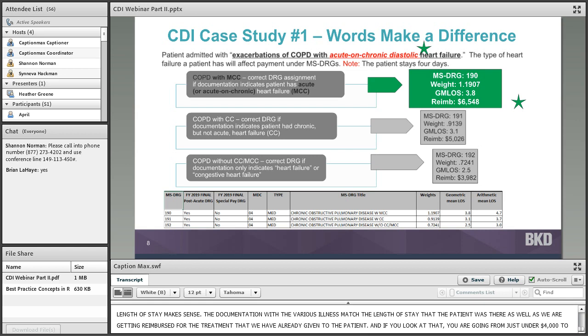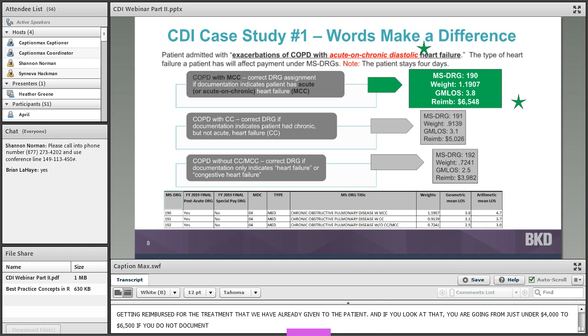And if you look at that, we're going from just under $4,000 to $6,500. If you do not document to that level of specificity on a regular basis, that's, I'm not a mathematician, but that's a little bit more than $1,500 per case, which can have a huge impact, especially on any conditions that you consistently see.